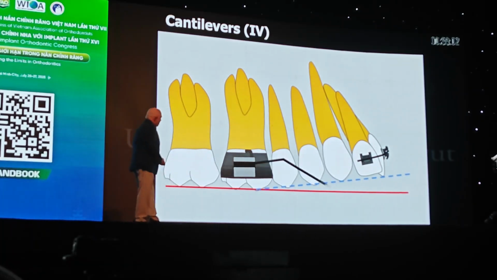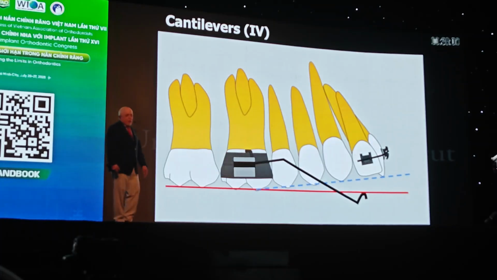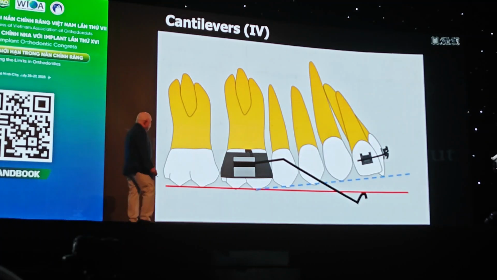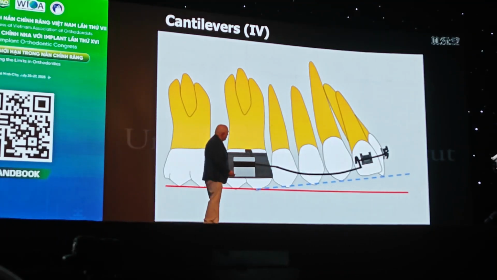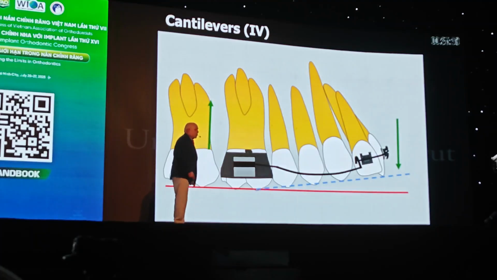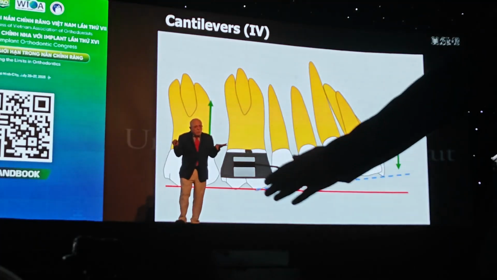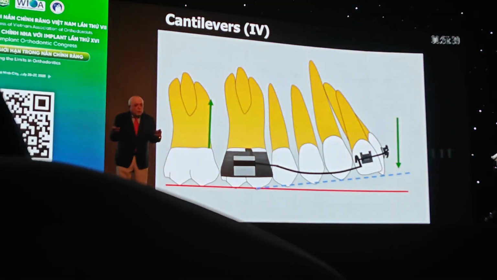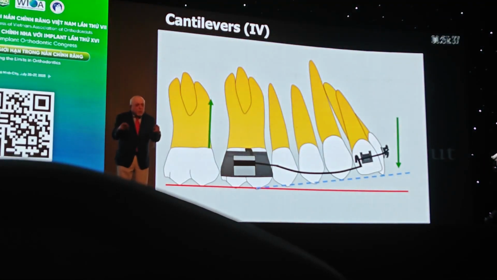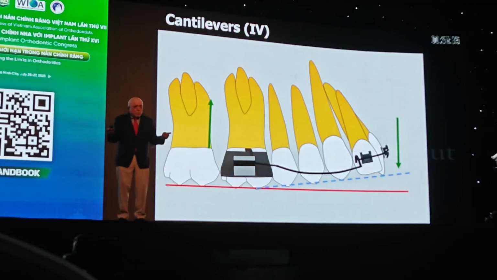If I place a cantilever on a one-piece extrusion arch and I hook it on the anterior teeth, I'm going to have a force system. The reason I'm showing you this is that any time you place a wire in the mouth, you should know what you are doing. You decide what the wire is going to do, not the wire deciding what it is going to do.